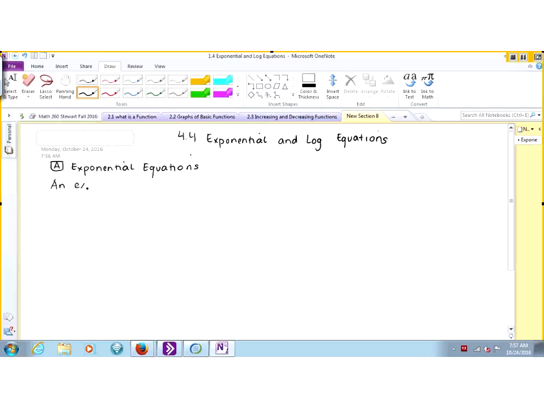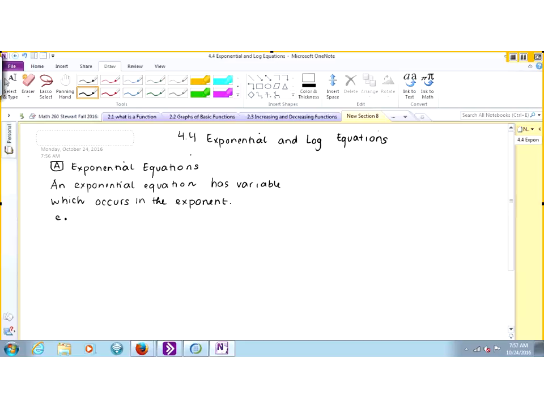So, an exponential equation has a variable which occurs in the exponent. So your variable is on the exponent.